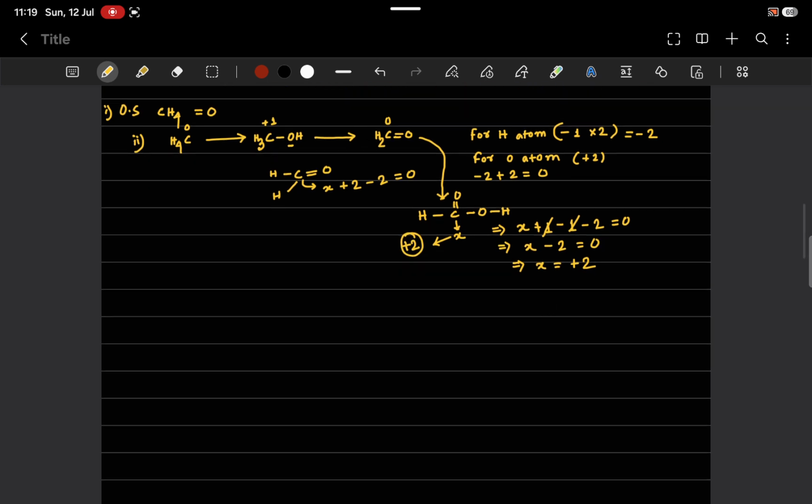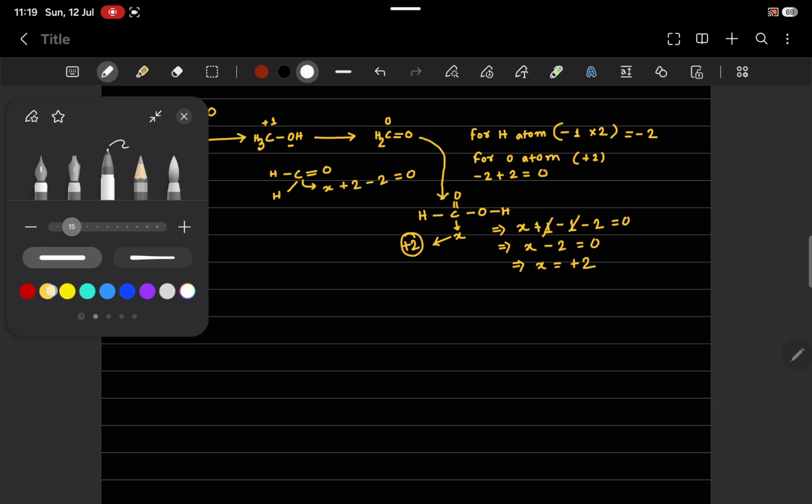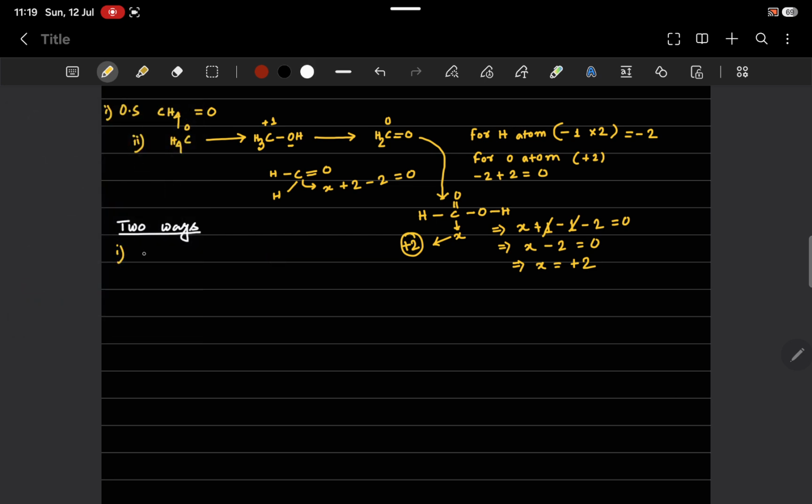Okay, so in this particular case, first thing, there are basically two ways to find it out: either by just considering the oxidation state of carbon as X, okay.